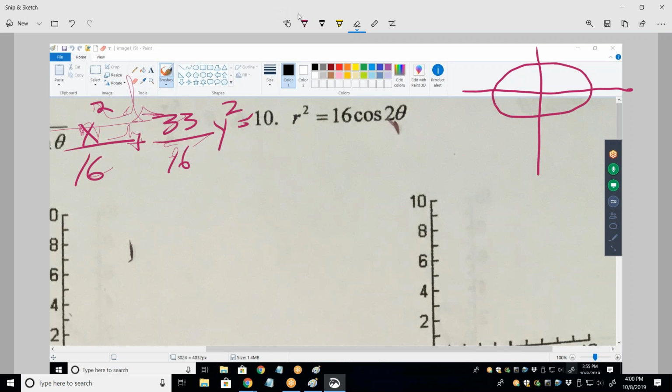So the general equation of an ellipse at the origin is x squared over a squared plus y squared over b squared equals 1. That's for a horizontal ellipse, and a has to be bigger than b.